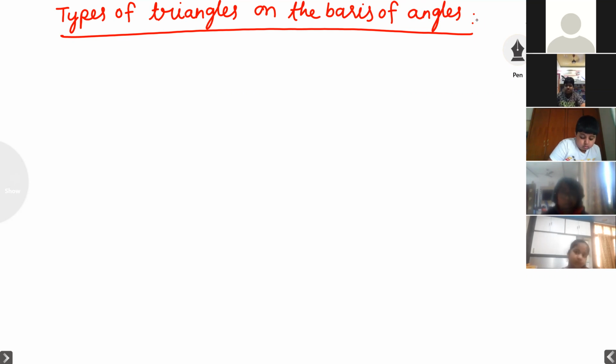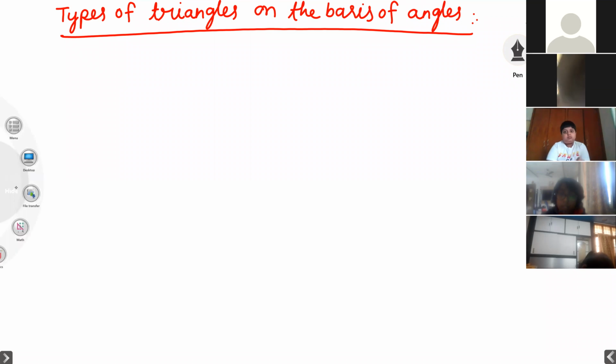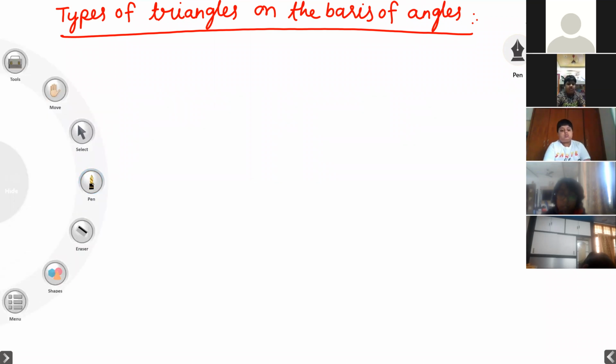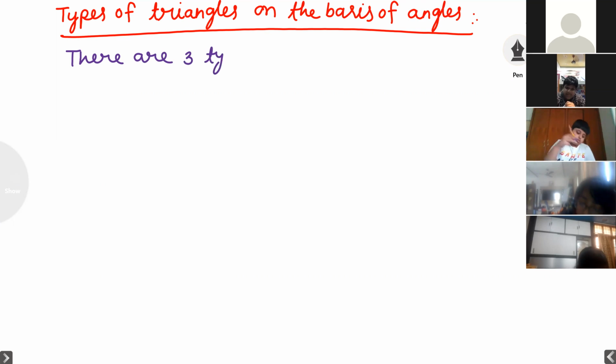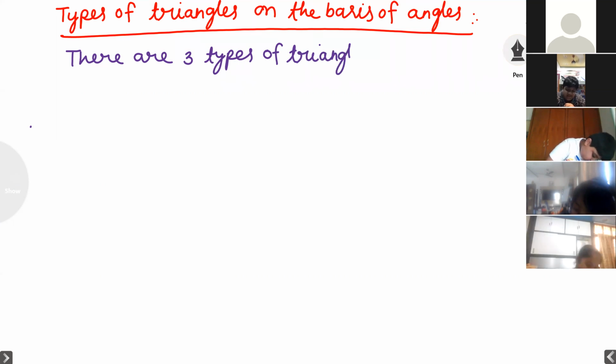There are three types of triangles on the basis of angles.